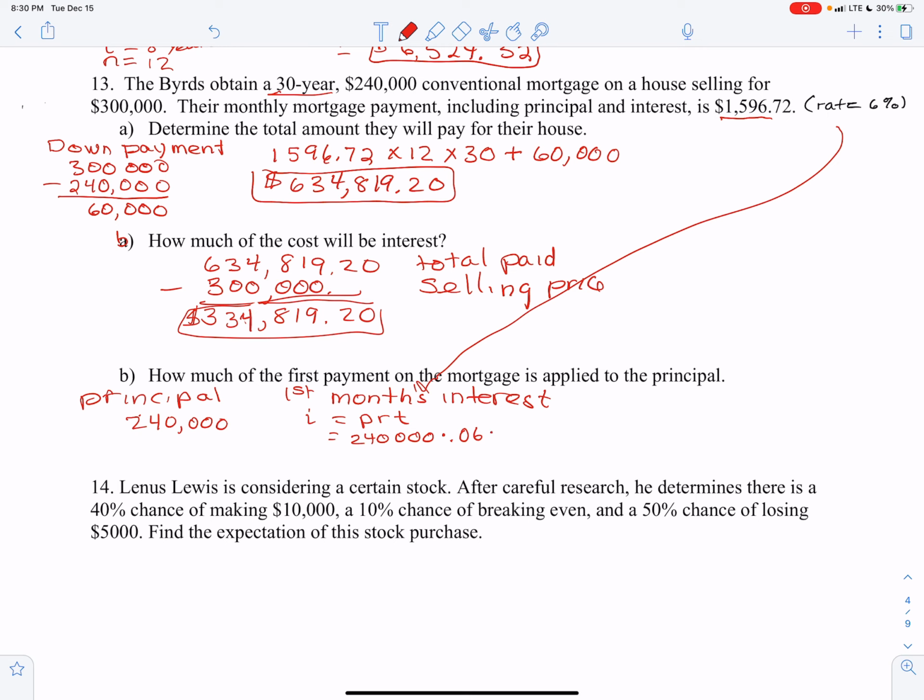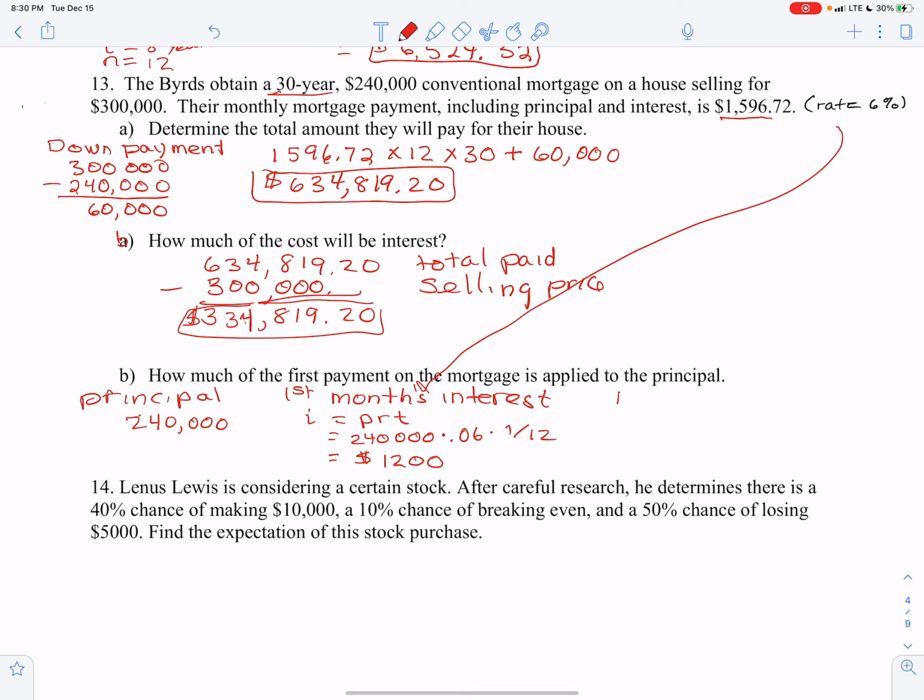Well, they only used it for that 1 month. This is the first month's interest. So that 1 month would be 1/12 of a year. So they have to pay $1,200 in interest for using that $240,000 for 1 month.